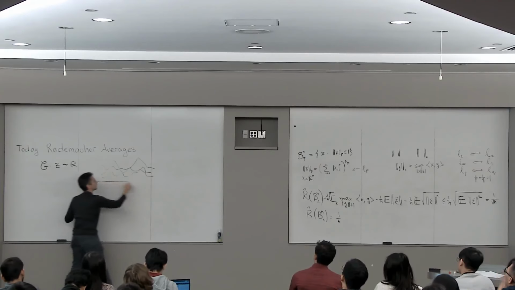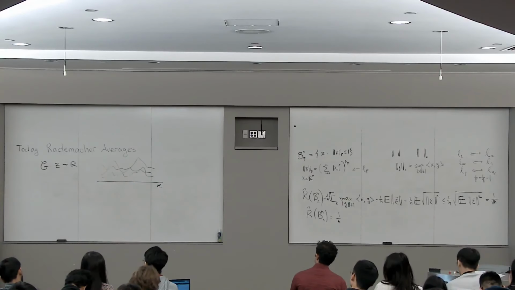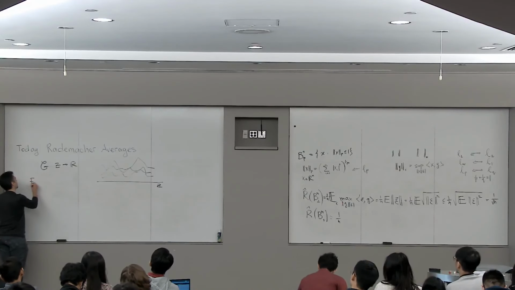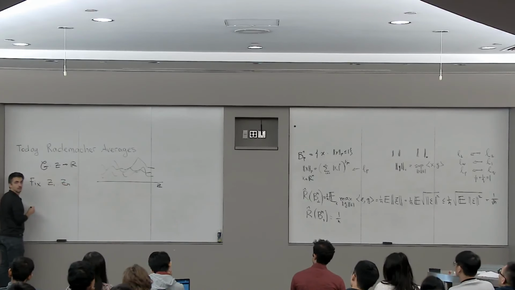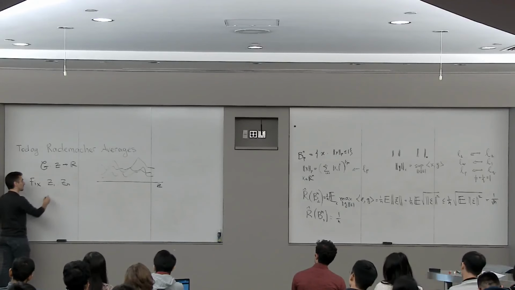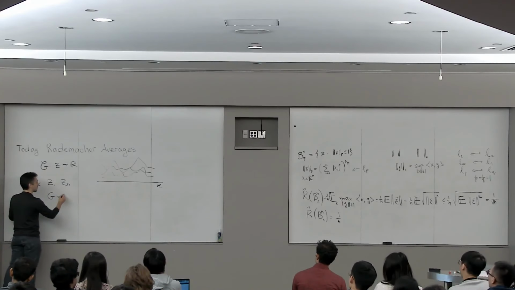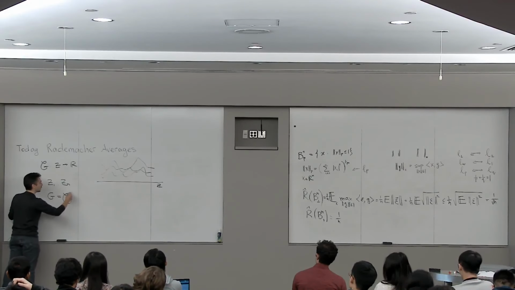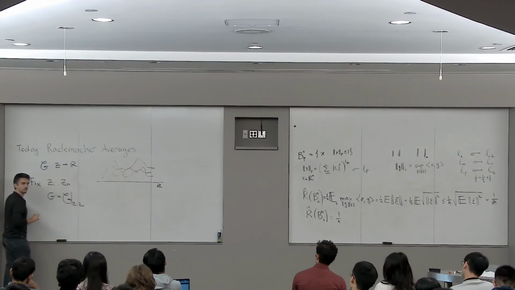Okay, this is my Z space. Now, fix Z1 through Zn and look at the set G, which I'm going to write as calligraphic G projected onto Z1 through Zn. This is going to be my set.